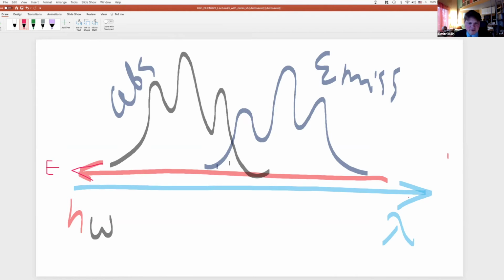Most experimental results are shown in terms of wavelengths, which is the inverse of the energy. But if you look on the energy axis, then absorption has higher energy than emission.